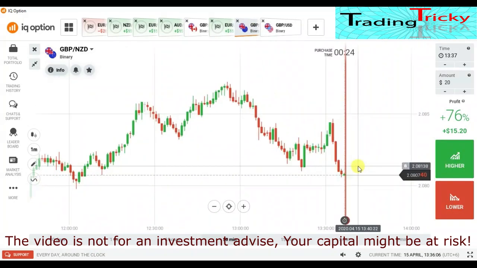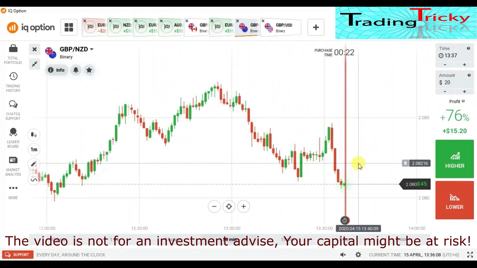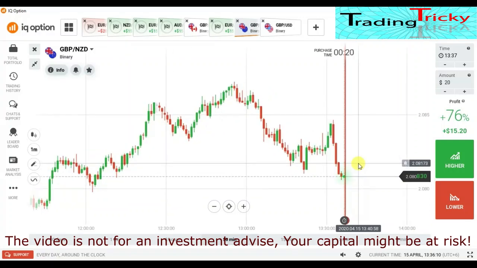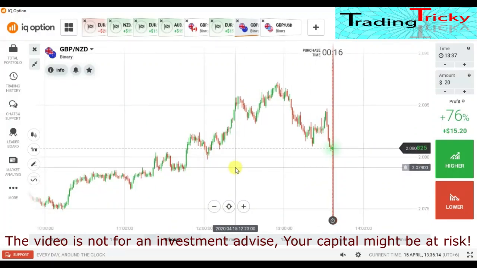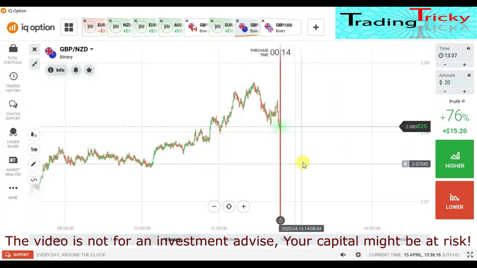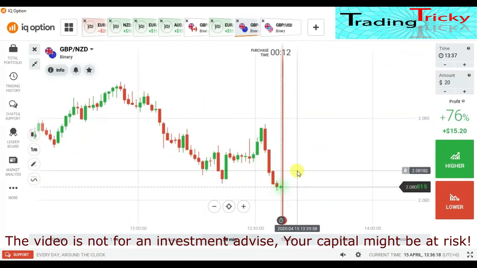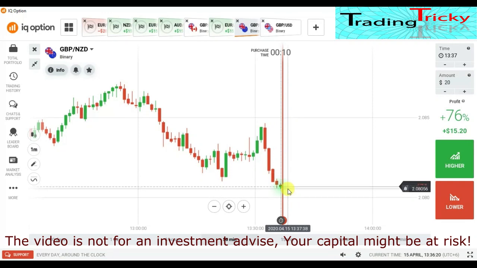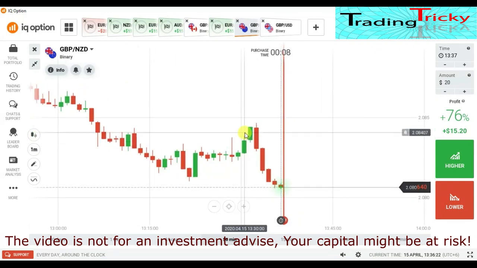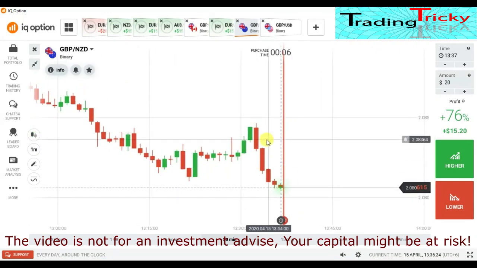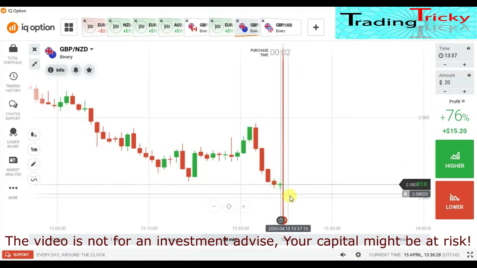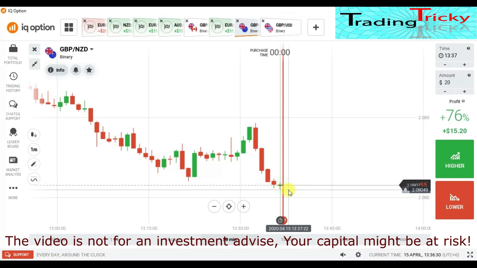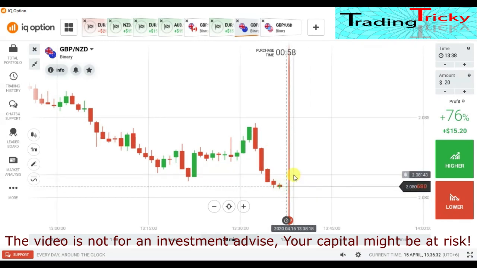Anyway, let me check this. The sellers are getting weaker, but still it's strong momentum, so it's not good to go against the momentum. So let's wait to close this candle.